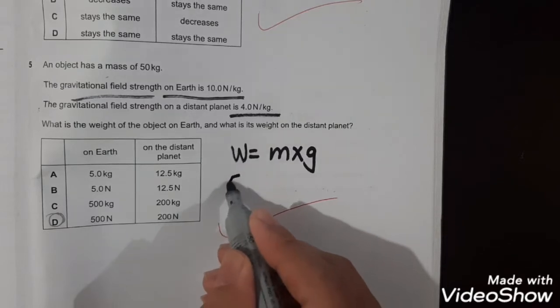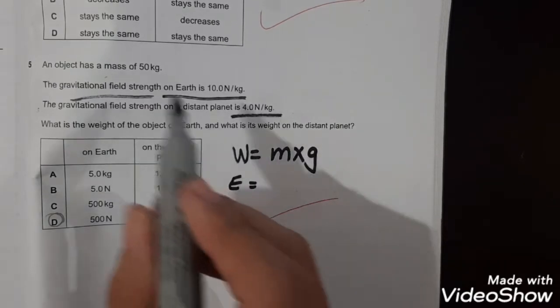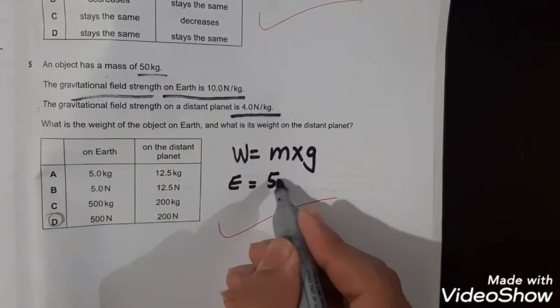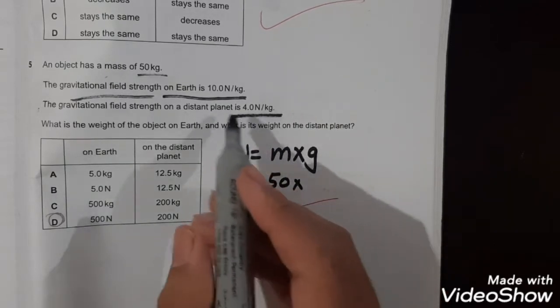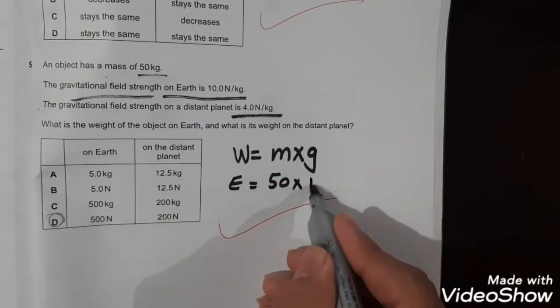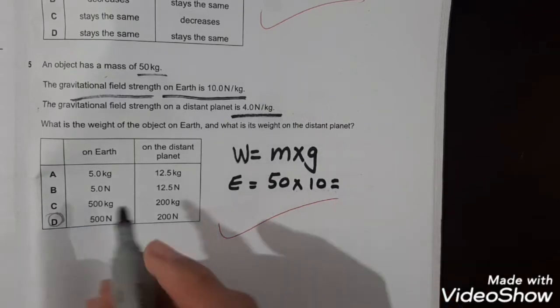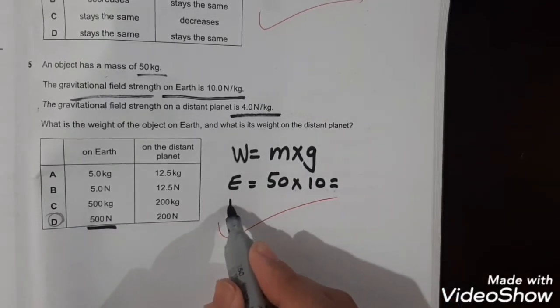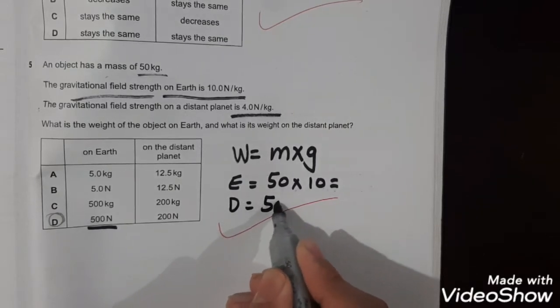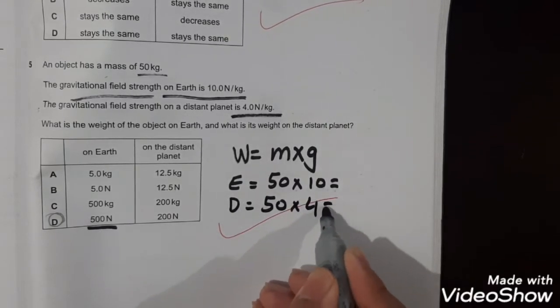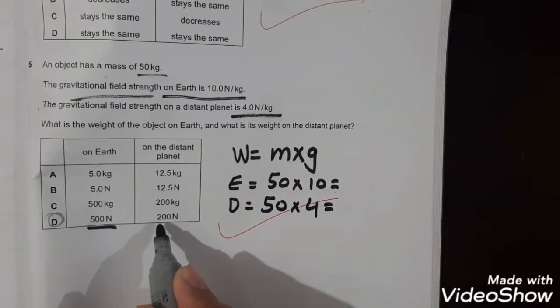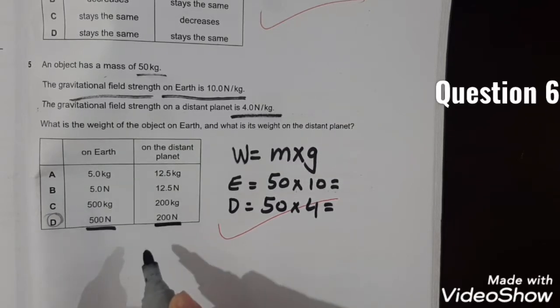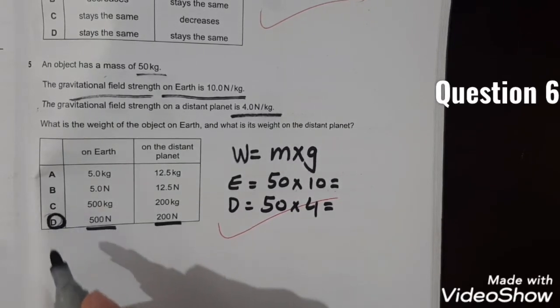So for Earth it will be 50 multiplied by the gravitational field strength, which is 10. So this will be 500 newtons. And then for the distant planet it will be 50 multiplied by 4, which will be 200 newtons. So D will be the correct answer.